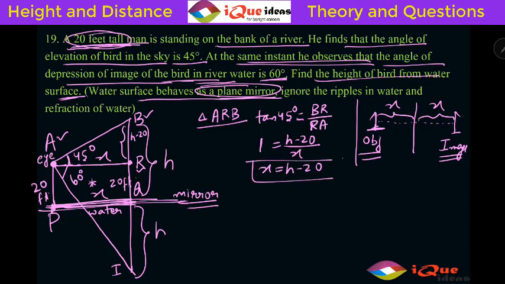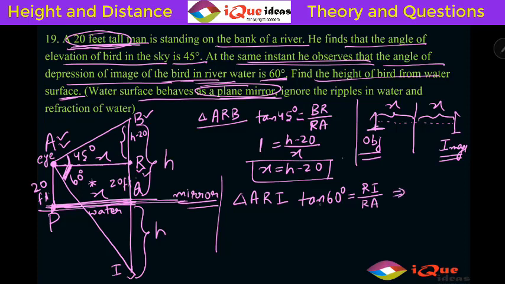Let it be. Now comes the important part. Look at the triangle ARI. This is A, this is R, and this is I. So look at this triangle. This angle is 60 degrees. In that triangle, tan 60 degrees will be equal to, the opposite side to this 60 degrees is RI, and the adjacent side is AR or RA.